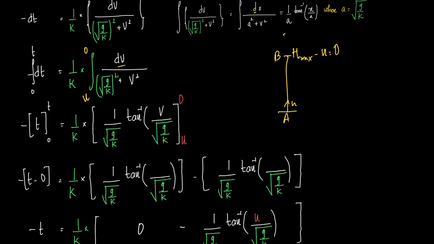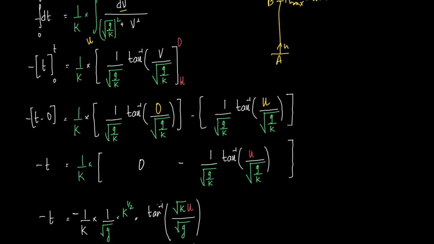So this is the upper limit: 1 by root of g by k tan inverse, instead of v, we'll have 0, minus the lower limit, which is u, right? Now what is tan inverse 0? Tan inverse 0 is 0. So that term is 0. Now this remains 1 by root of g by k into tan inverse u by root of g by k itself. There is no variation in that.